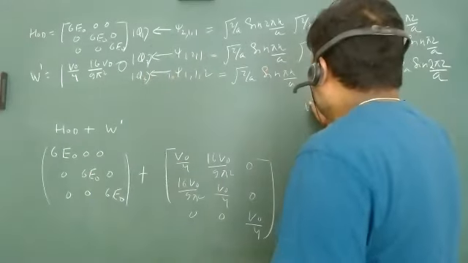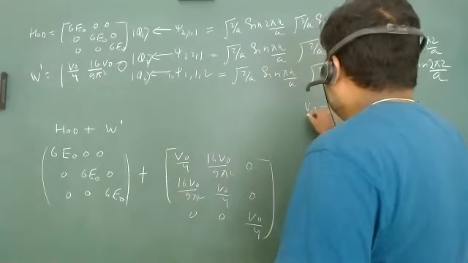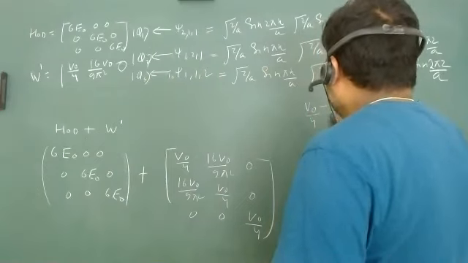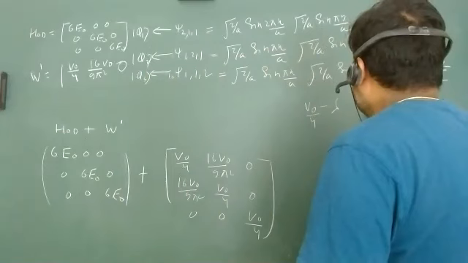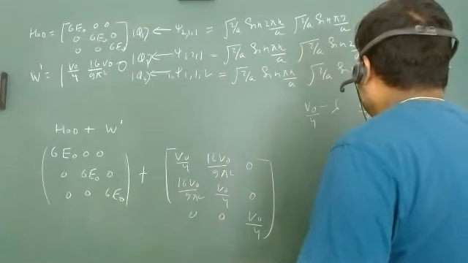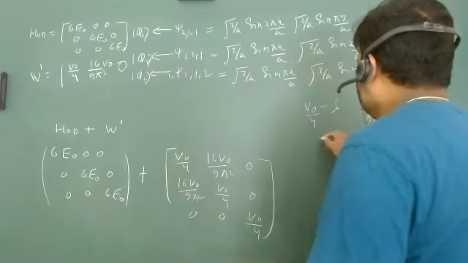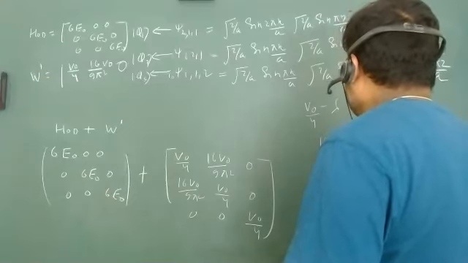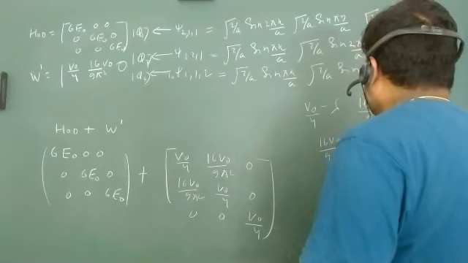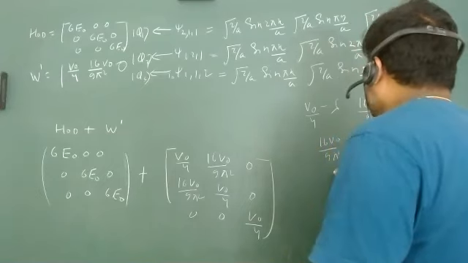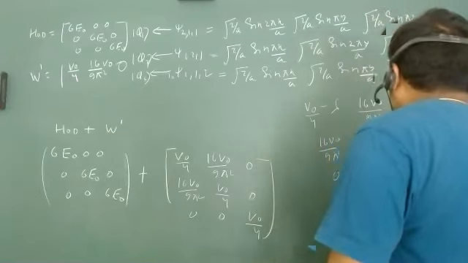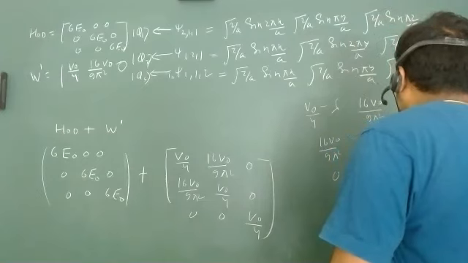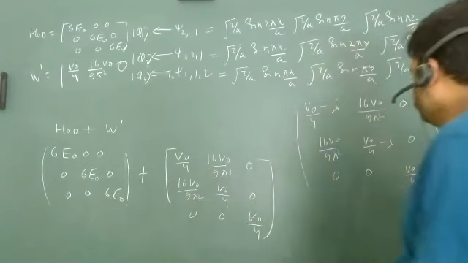So you will calculate: V naught by 4 minus lambda, 16 V naught upon 9 pi square, 0; 16 V naught upon 9 pi square, V naught by 4 minus lambda, 0; 0, 0, V naught by 4 minus lambda. And what you will get?